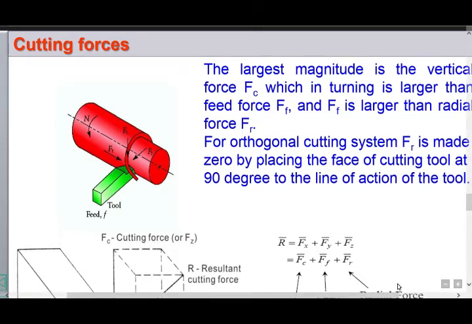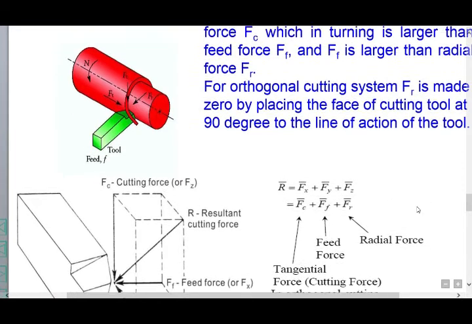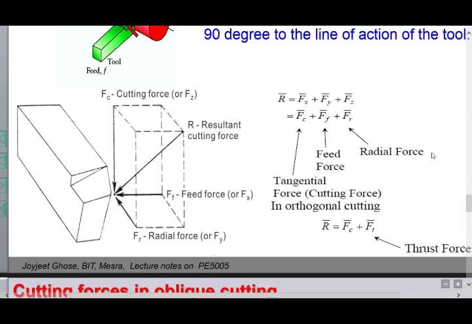In the orthogonal cutting system, Fr is made zero by placing the face of the cutting tool at 90 degrees to the line of action of the tool. In the 3D diagram you observe Ft, Fc and Fr, and N is the normal tool feed. This is the workpiece. R is equal to Fx plus Fy plus Fz: tangential force, feed force and radial force.